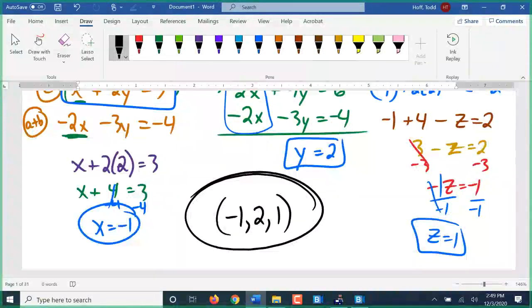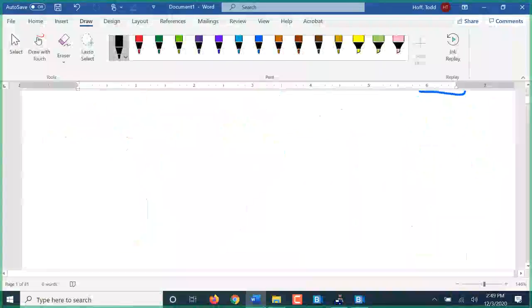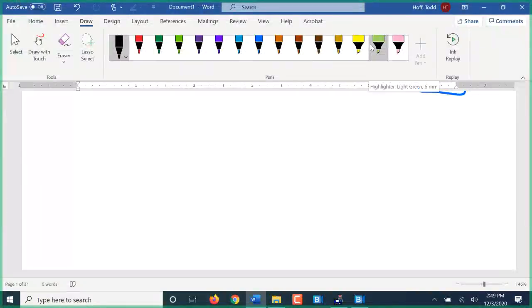Still seems like a lot of work, I realize, but it's not bad. You just got to be careful. Well, what if we have a system like the one we saw that was custom made for substitution?